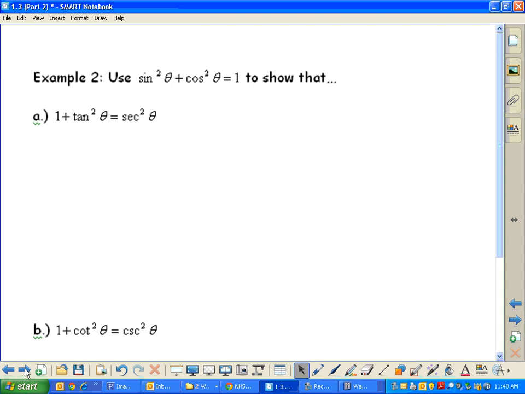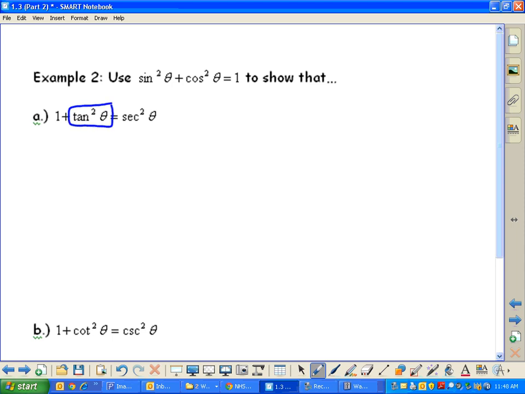So what we're going to do is start. It says, use sine squared theta plus cosine squared theta to show that 1 plus tangent squared theta equals secant squared theta. Okay, and here's what I'm going to go ahead and do. I need to think about tangent squared theta.